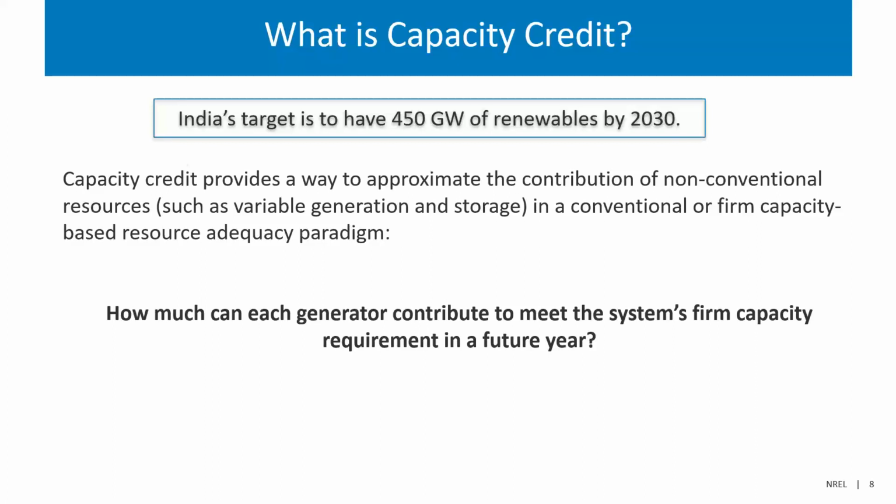Really what we're trying to figure out through capacity credit is how much each generator can contribute to meet the system's firm capacity at a specific point in time. For example, if we're looking at a 100 megawatt wind farm, how much of that 100 megawatts can we actually rely on to meet some shortfall in the future?